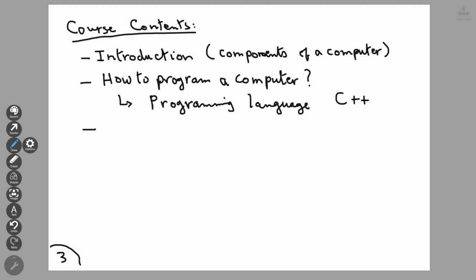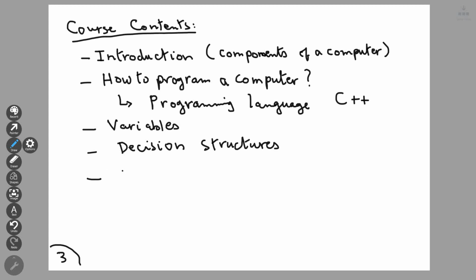And then we are going to learn some details of the language: variables. And then we're going to learn the control decision structures. For now you don't understand what this is, but we are going to explain it during the course.